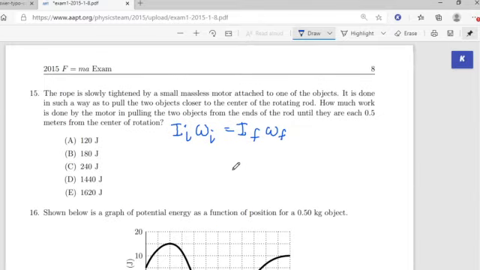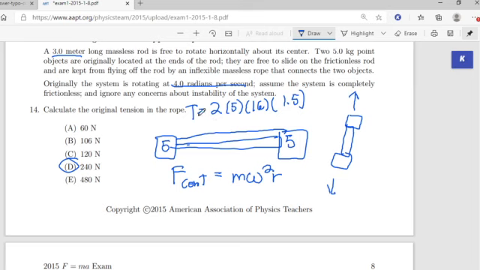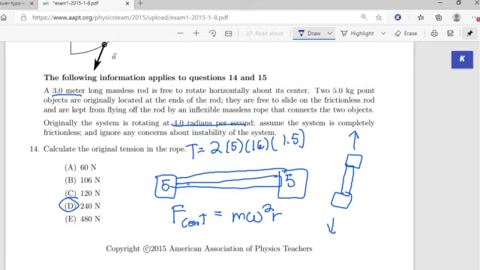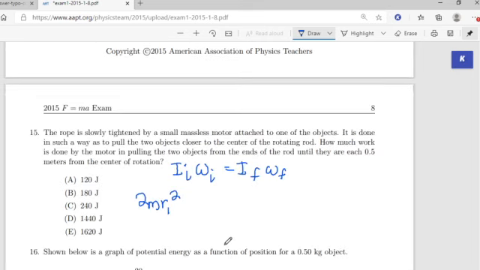So our initial angular momentum is going to be 2m, since there's two masses, times r sub 1 squared, where r sub 1 will be equal to 1.5 meters, since that's the distance from the axis of rotation.